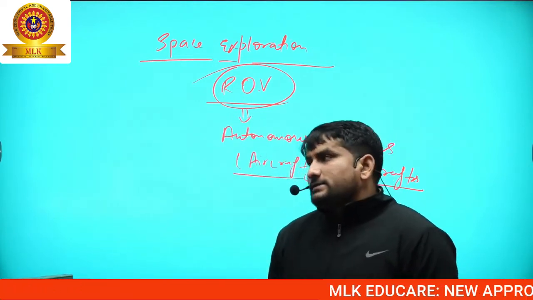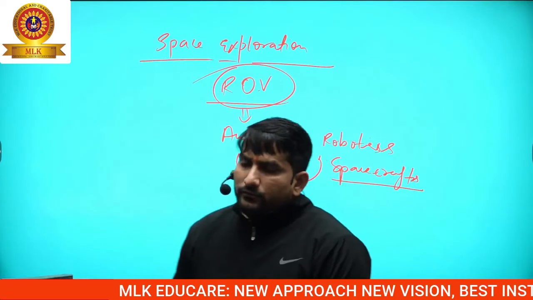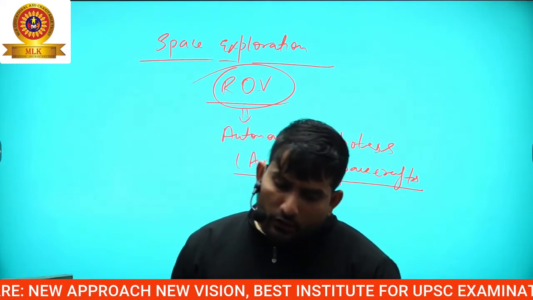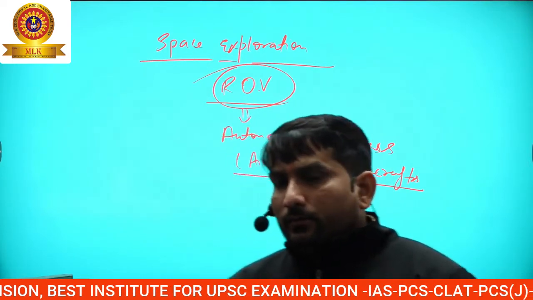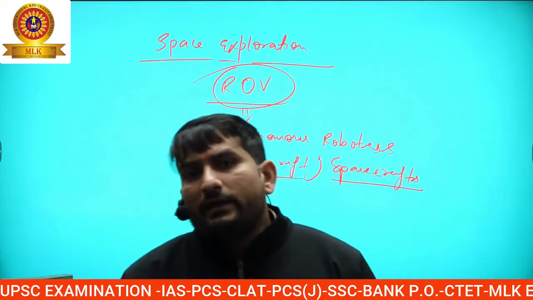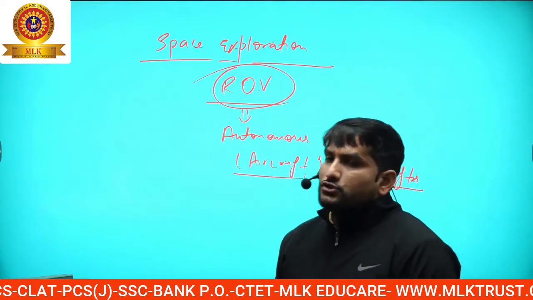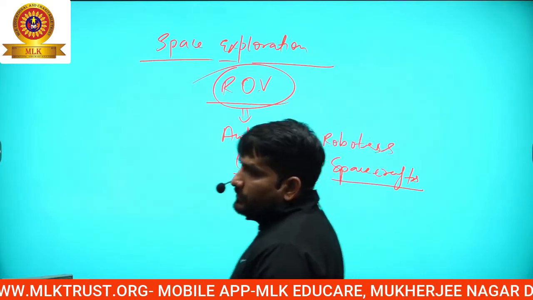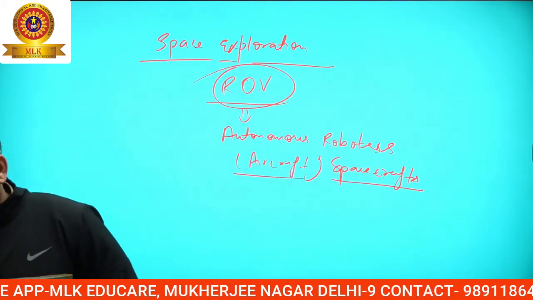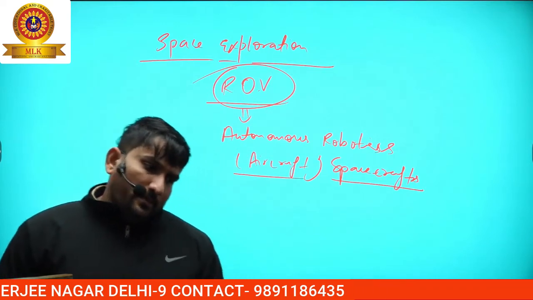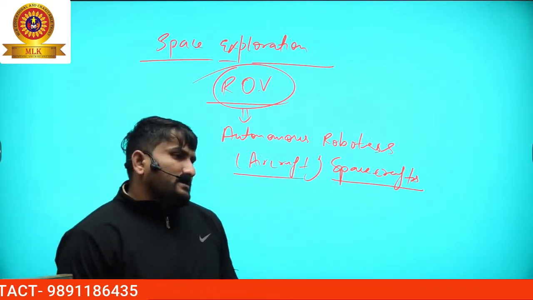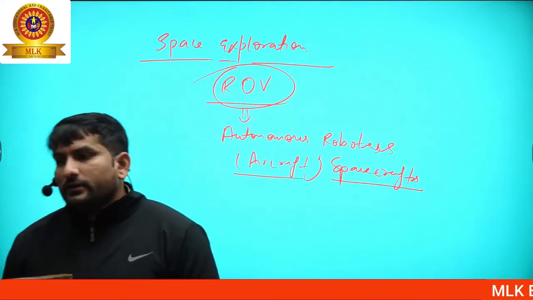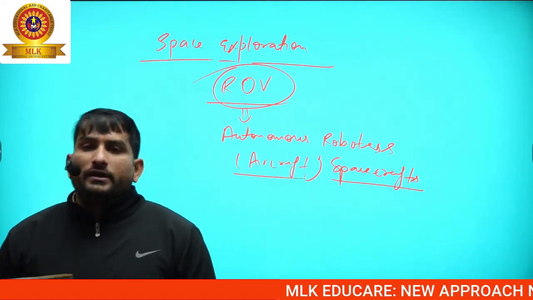So in that case we can launch missions, but the missions would carry robotic instruments, or you can say carry robots, for the exploration. So by this, the applications of robots in space are very high, or you can say very wide.